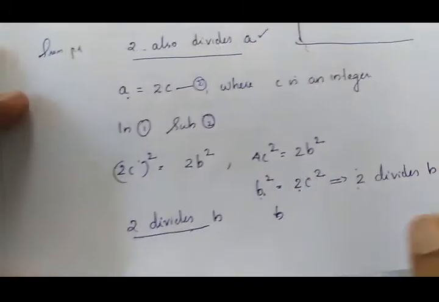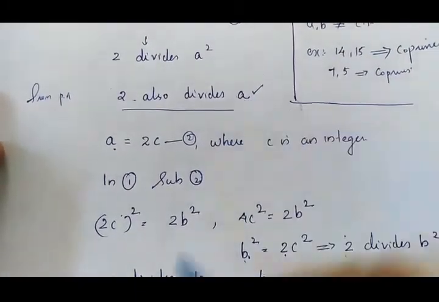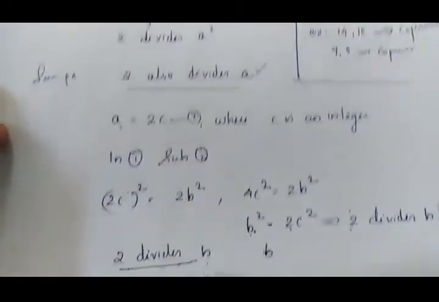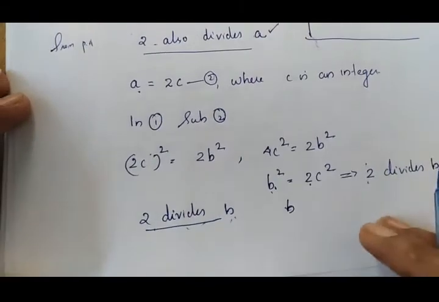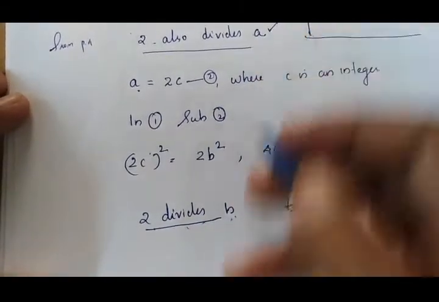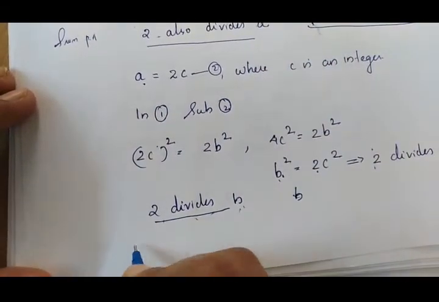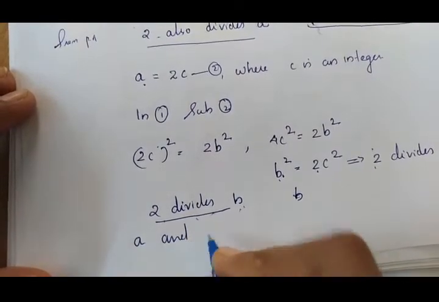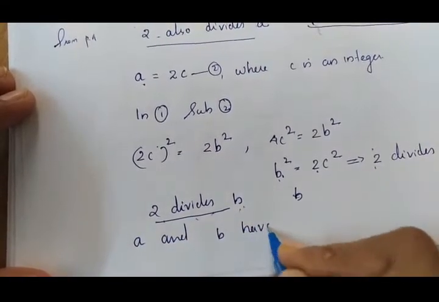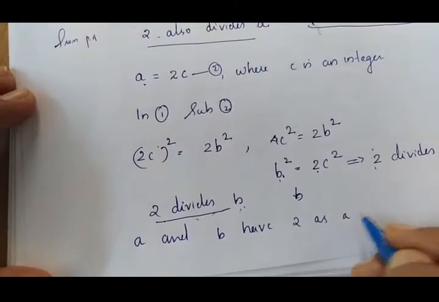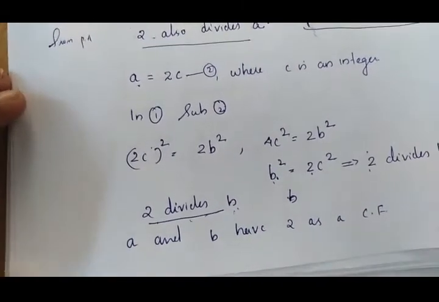Previously we said that 2 divides a. Here we say that 2 divides b. From these two statements, we can say that a and b have 2 as a common factor.